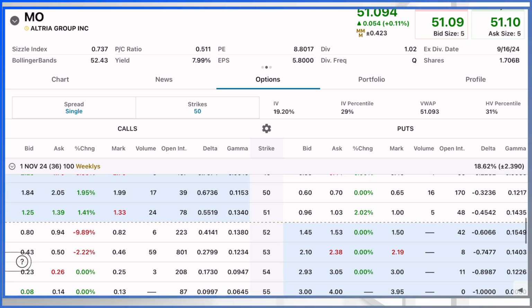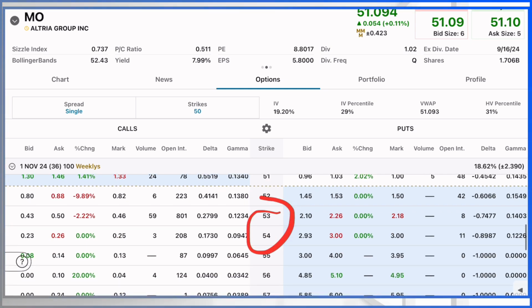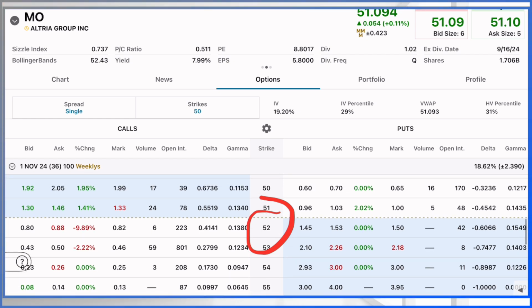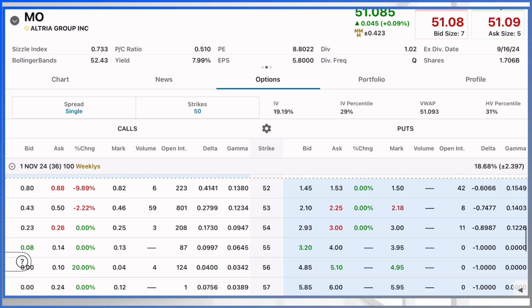Let me get to the money. This is more realistic. It's trading at 51. So we're looking at a strike price, let's say 52, 36 days out, and we're getting 80 cents. Look at that, because why is that option so down so much? That's how options work. They move around a lot.